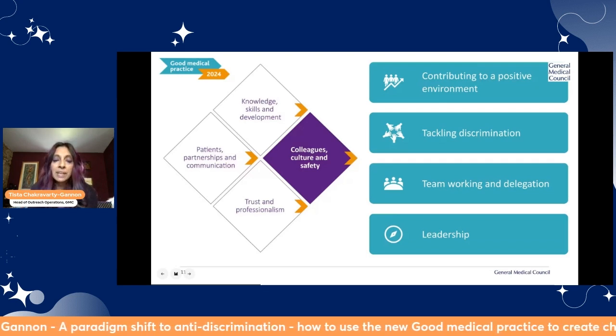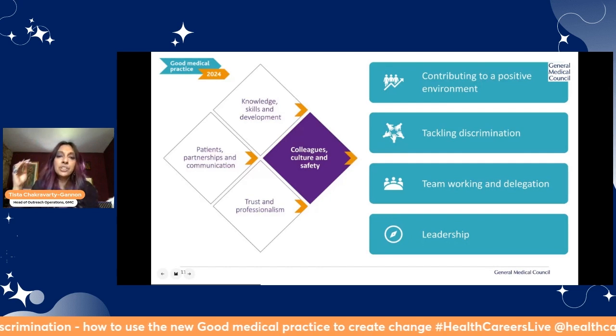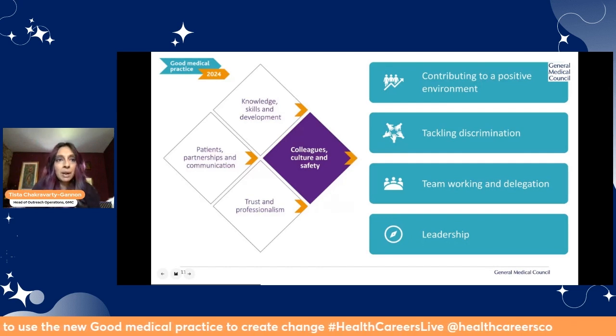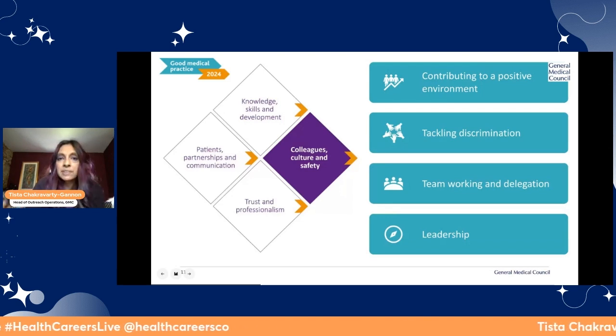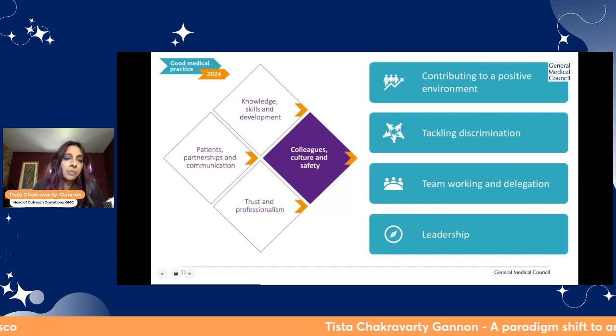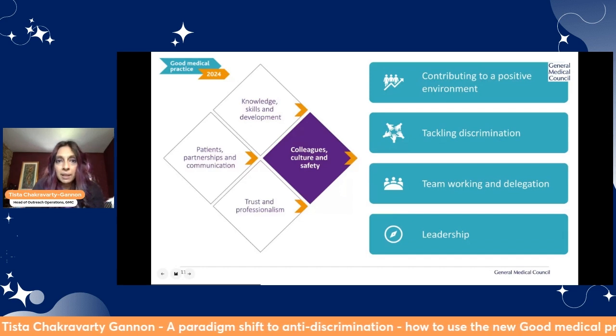Those are the themes within this domain. And it's predominantly paragraphs 48 to 59, but also, for example, 63 and 64 talk about induction and support, especially for international colleagues.